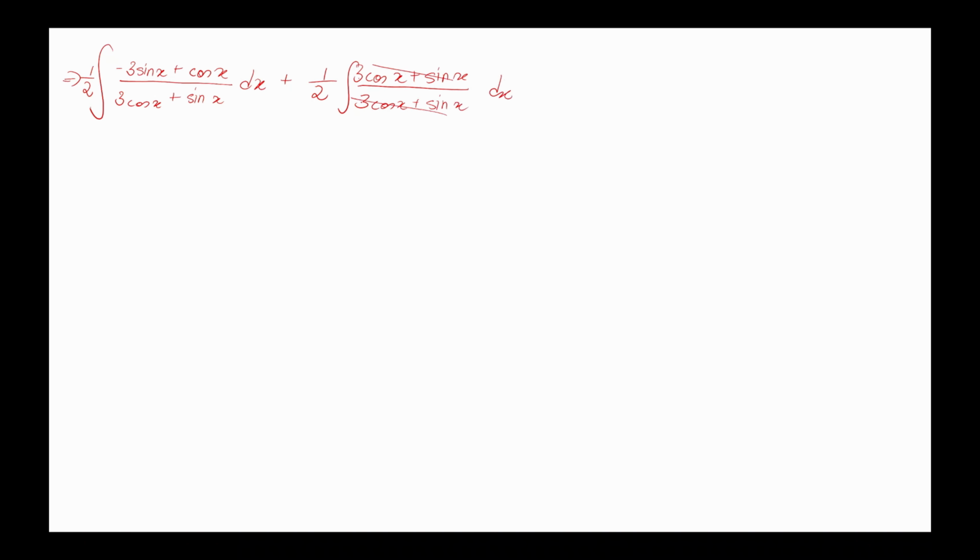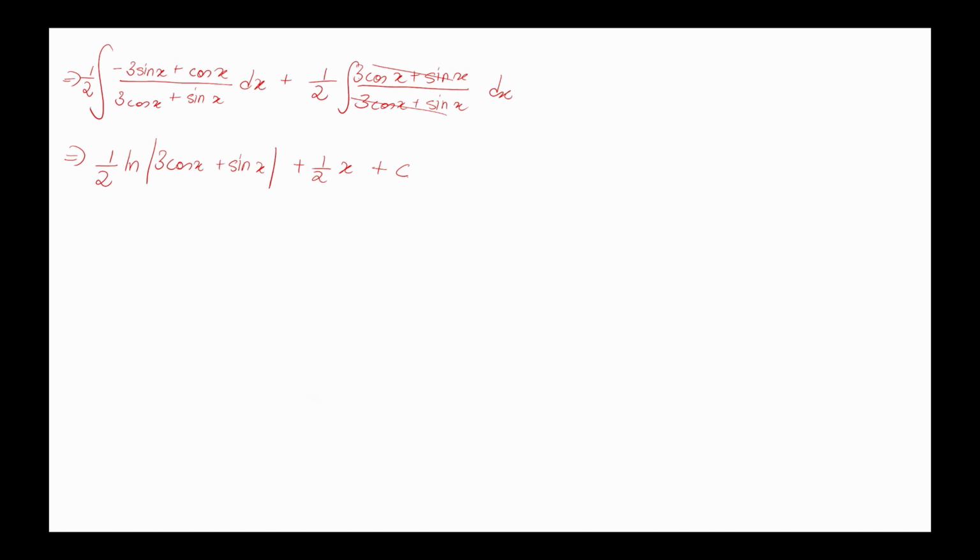So from here, this and this get cancelled out directly. From here, if I take the denominator function to be t, then I have dt on top basically. So it would become half of ln(3 cos x plus sin x), and here I would have plus half of x, plus a constant of integration. So this is the final integration that I'm getting.